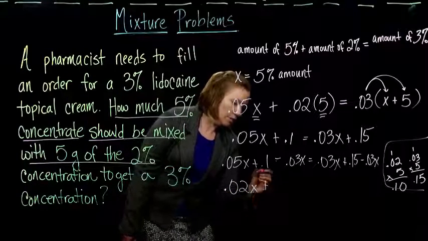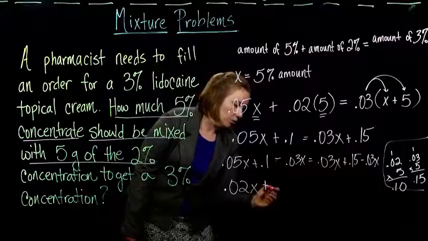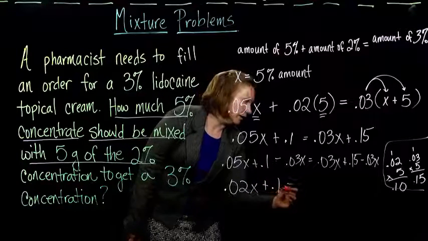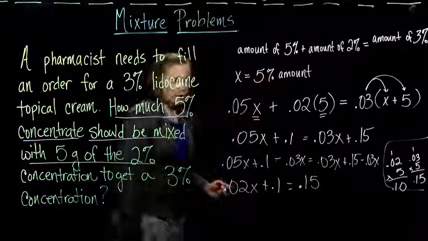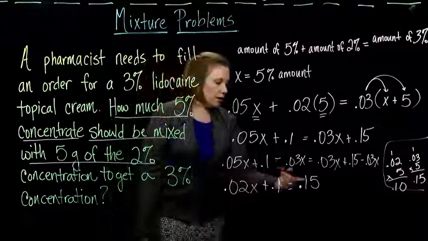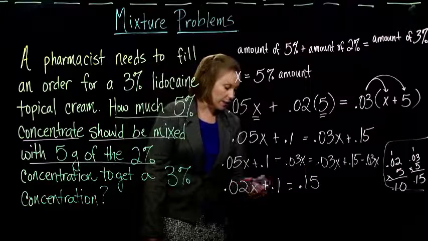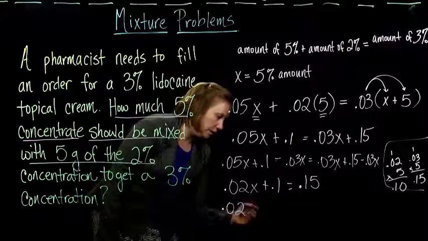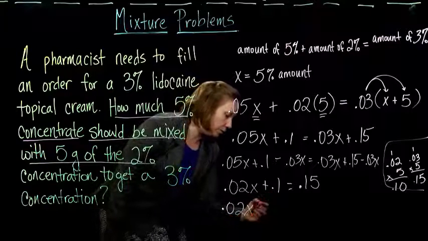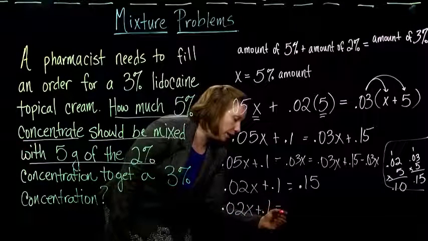And then I still have my plus 0.1, a 1/10, equals 0.15. We're almost done. Now to get the x's by themselves, I have to move the 0.1, so I subtract the 0.1 from both sides.